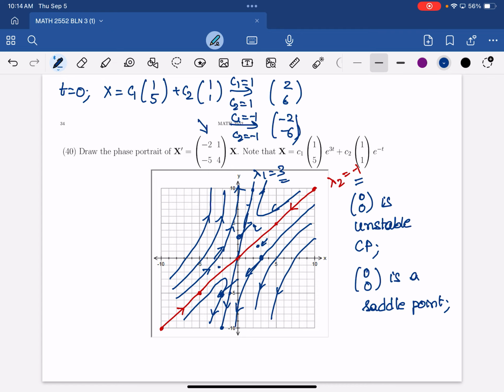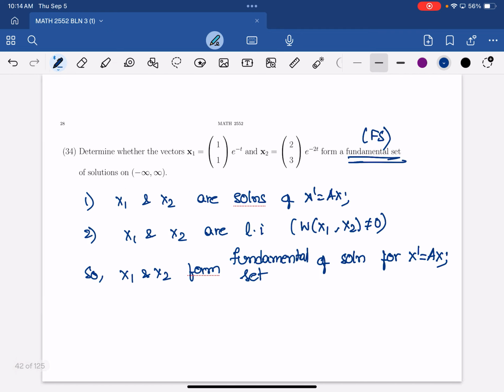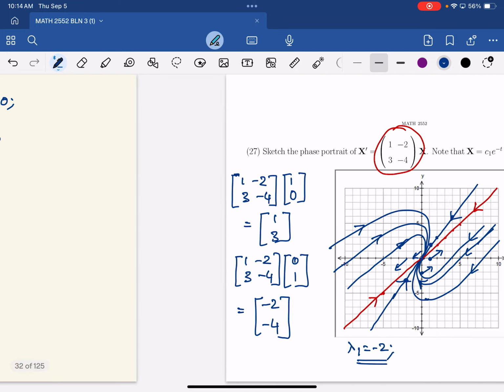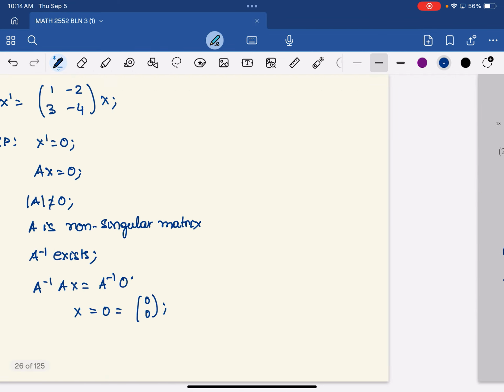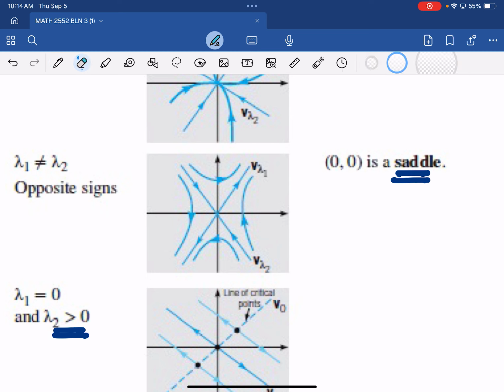Now, if you go back, broadly speaking, I showed you 4 different pictures. Here, you see when the eigenvalues are of opposite signs, it is a saddle point, and it basically looks like that, the rough sketch of it.